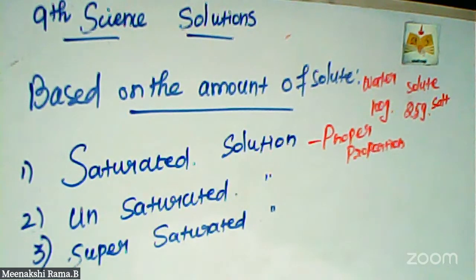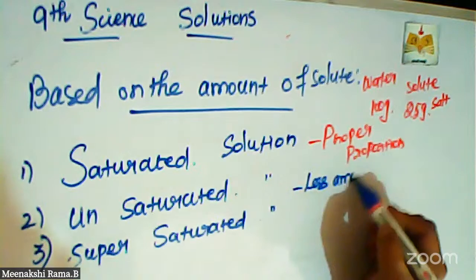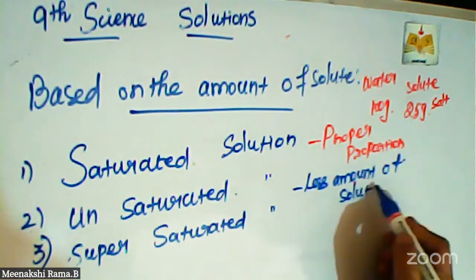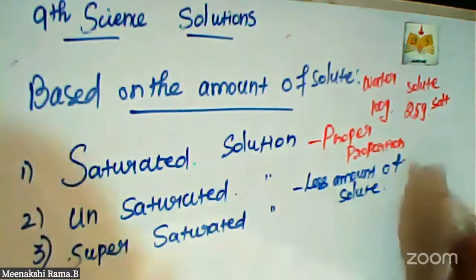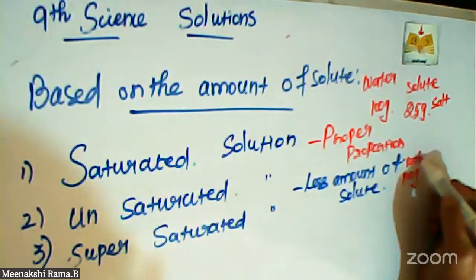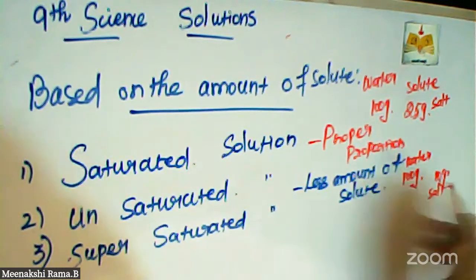Next one is the unsaturated solution. An unsaturated solution contains a less amount of solute. Example, 100 gram of water, and 10 gram of salt is dissolved here.